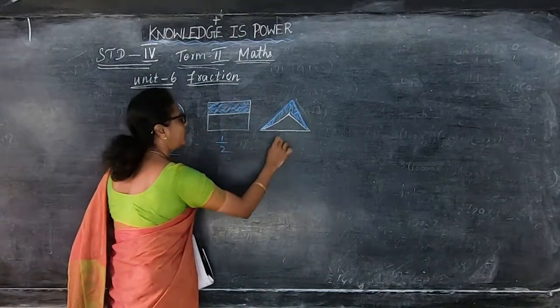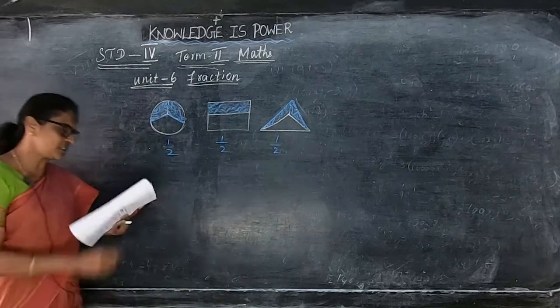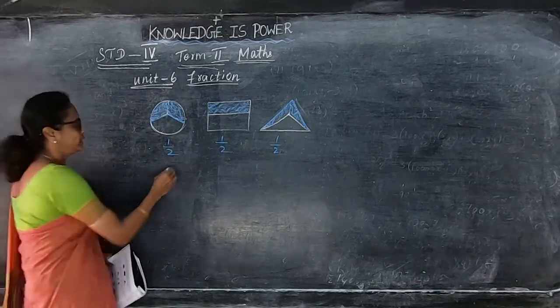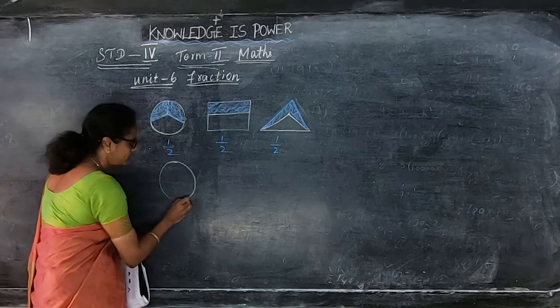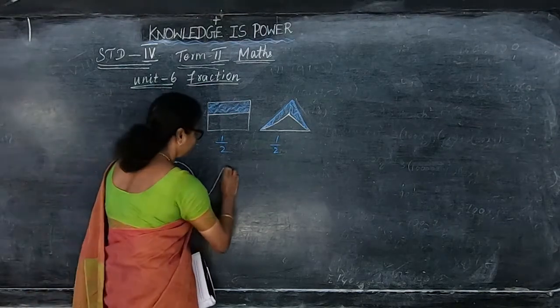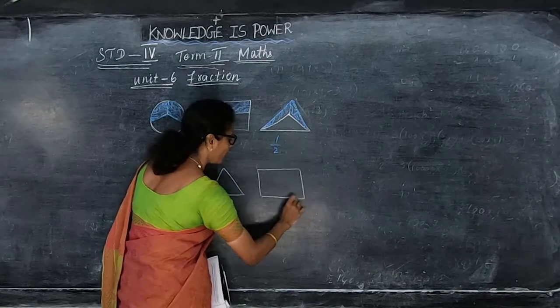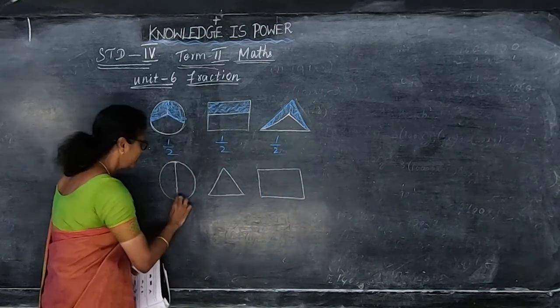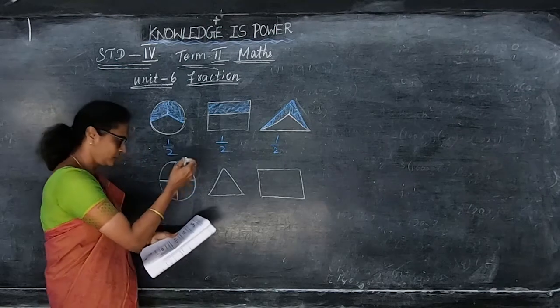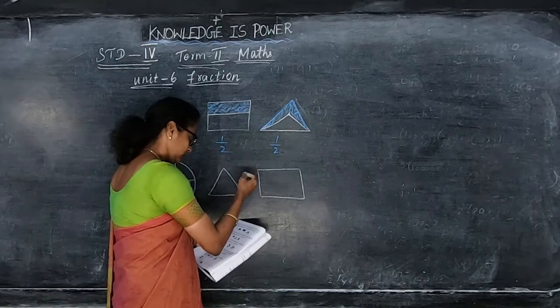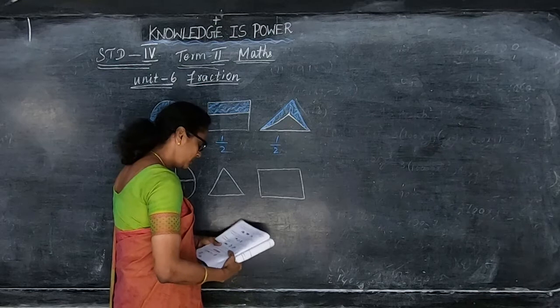That 2 la 1 shade பண்ணிருக்காங்க. Can you understand? And the next is 2 by 3. 2 by 3 also the same. Okay. 2 by 3 is 2/3.